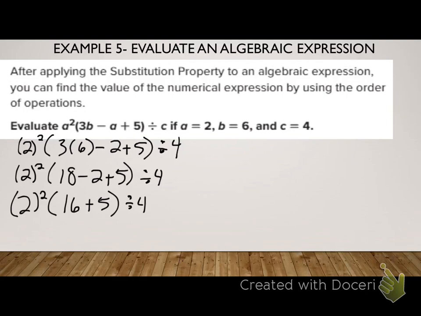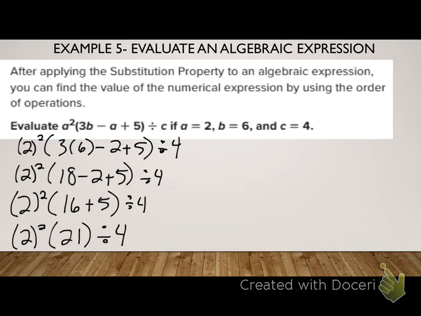Everyone okay with my first 2 steps? Now, excuse me, I'm still in that grouping symbol. I've got 16 plus 5. What does that give me? 21. Okay, after I'm done with that grouping symbol, do I have any other grouping symbols with operations going on inside?